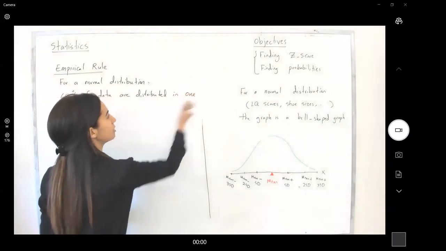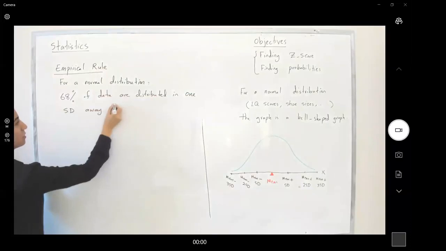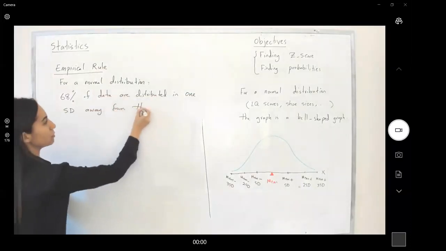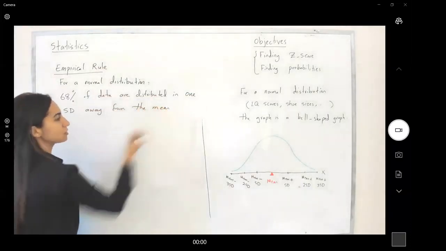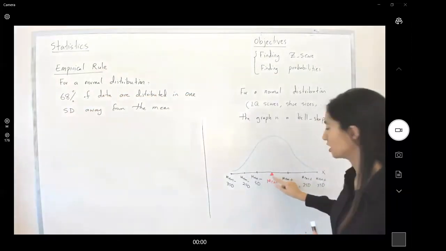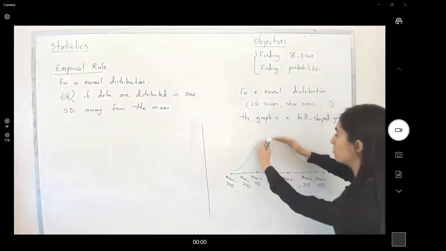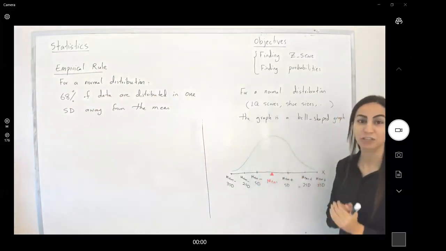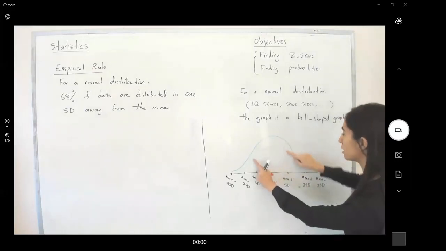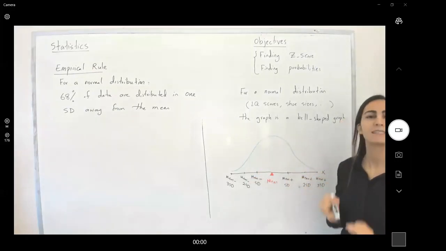The data are below the curve, between the green graph and the horizontal axis.